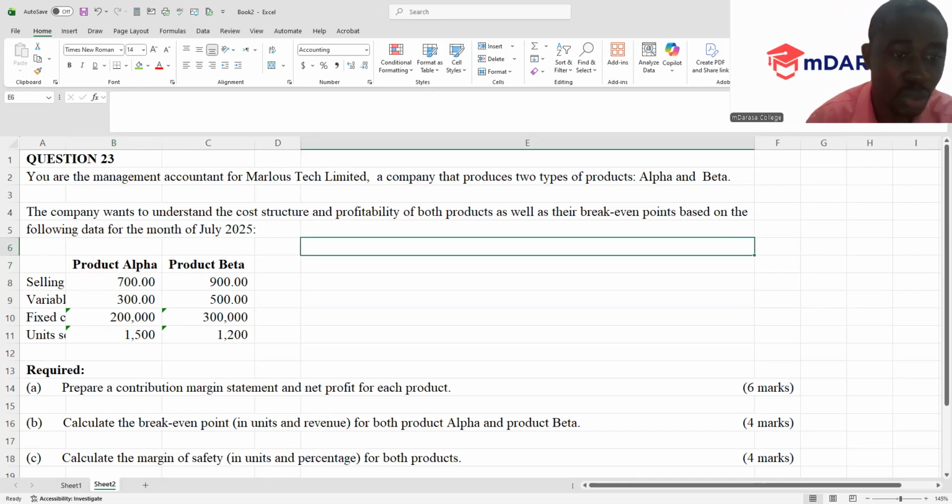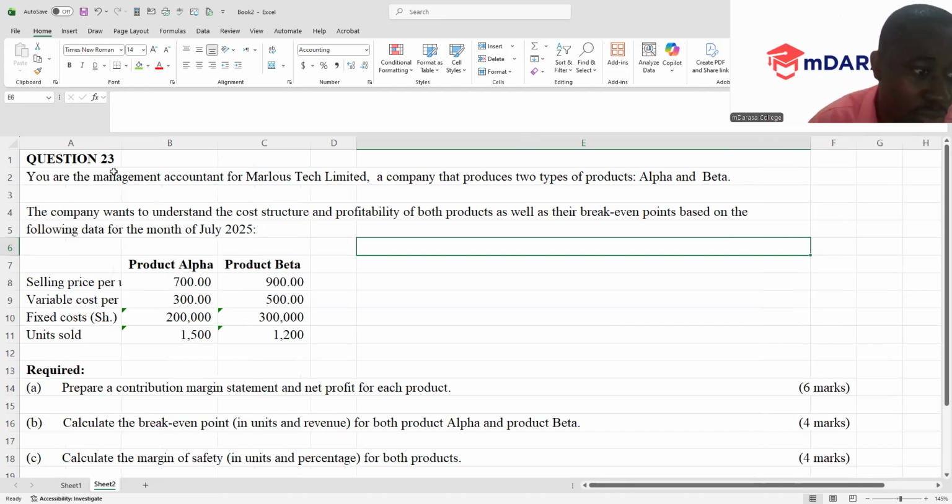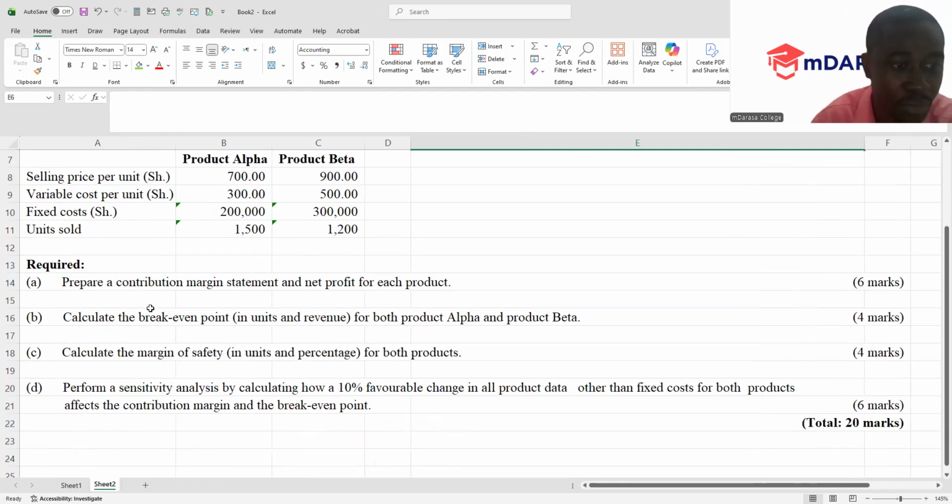In addition, we are told the selling price and the unit costs, the items of cost you're given. For product alpha, we have a variable cost, selling price per unit, as well as a fixed cost and units given there.